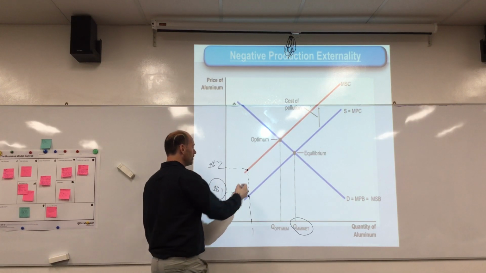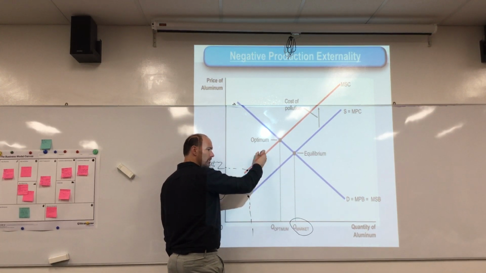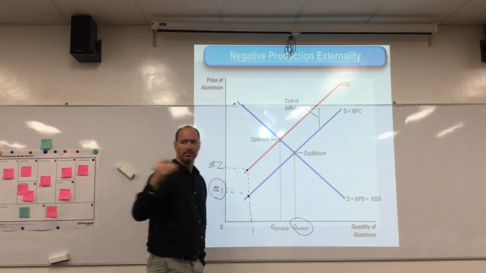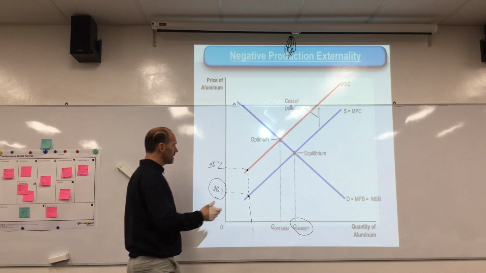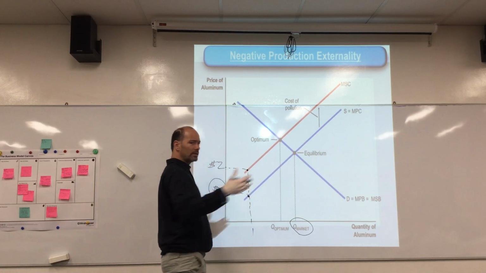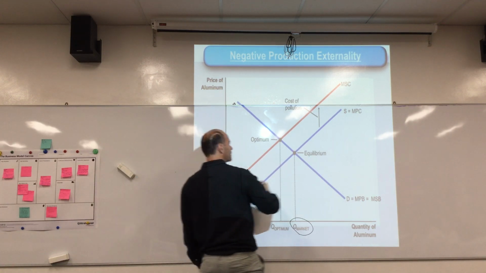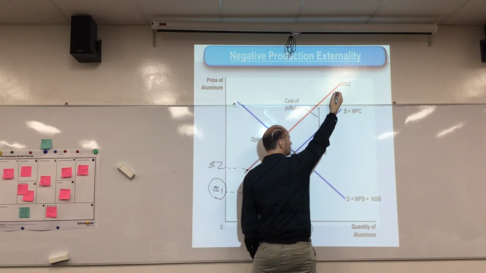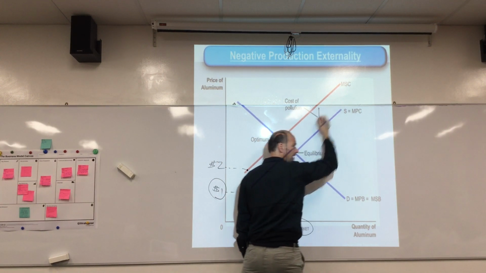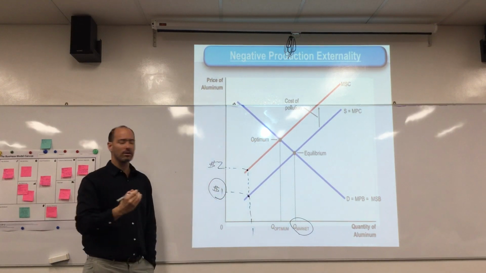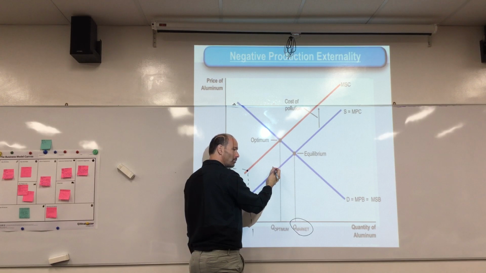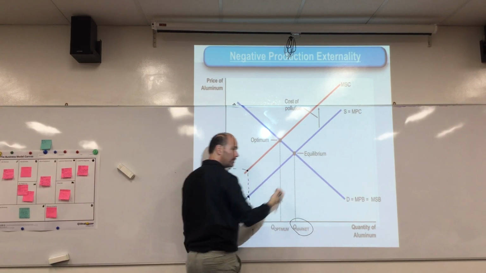And so if for each unit of output the social cost was $1 greater than the private cost, then you would essentially have two curves. A private cost curve here, and a marginal social cost curve, which is parallel to the marginal private cost, the difference between the two being exactly $1 for each unit of output.